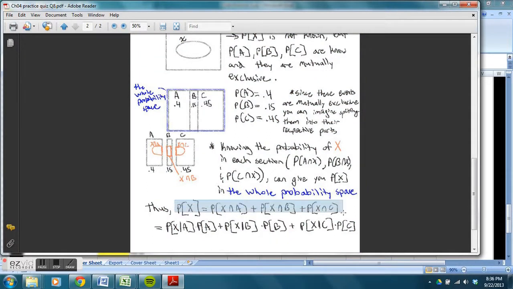So now we're at this point. We understand why the probability of X equals the probability of X intersect A plus the probability of X intersect B plus the probability of X intersect C. And now the question is, how do we figure out what the probability of X intersect A is, and X intersect B, etc.? We just go back, once again, to the multiplication rule, where the probability of A intersect B is the conditional probability of those two things multiplied by whichever one is the given. So let's go back to Excel.